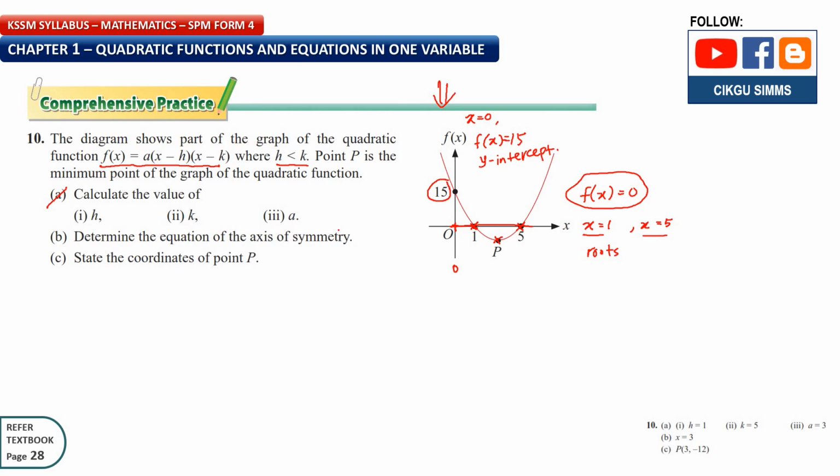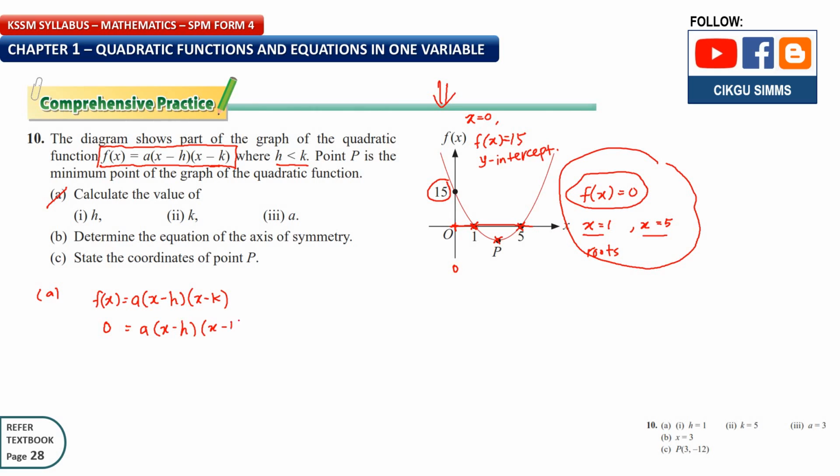Okay, so let us see this function. So question A, my function is a x minus h x minus k. Okay, so I'm using this first information. So my fx is equal to 0. When this fx is equal to 0, 0 equal to a x minus h x minus k.